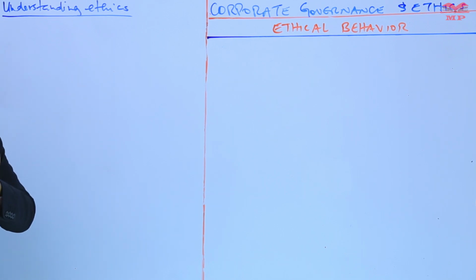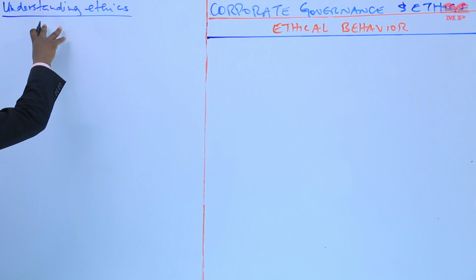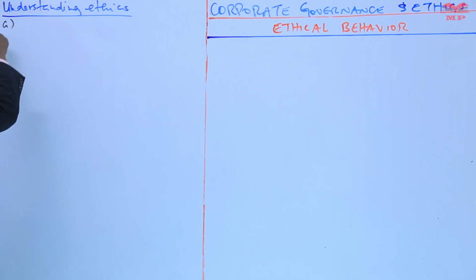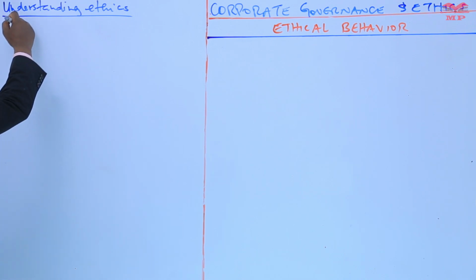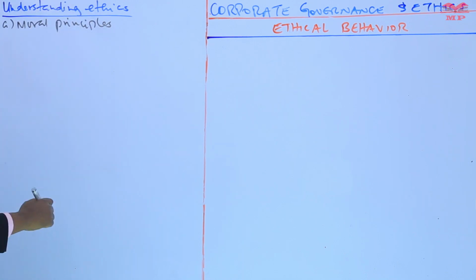Now, the key aspects of understanding ethics include one, moral principles. The first key aspect is moral principles.